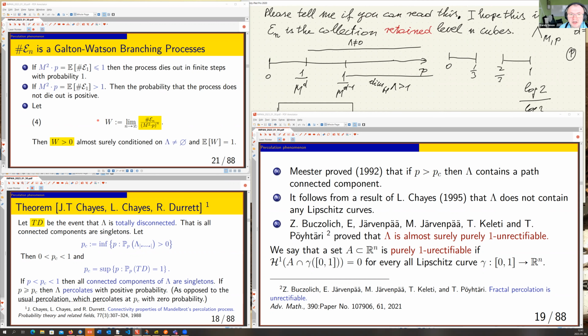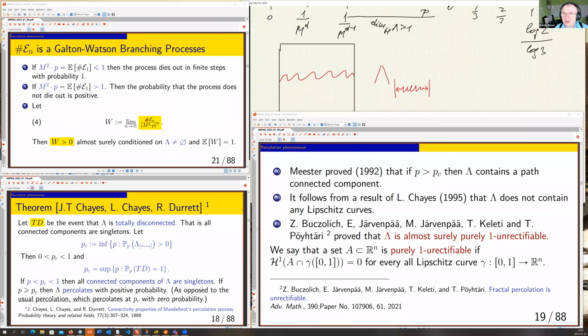This W, which is a random variable, is the limit of this ratio, where in the numerator you have the number of retained level-n cubes, and the denominator is the expected value of the numerator.